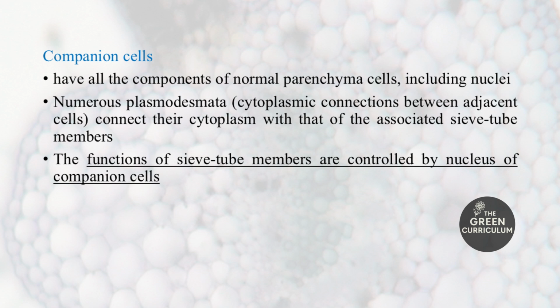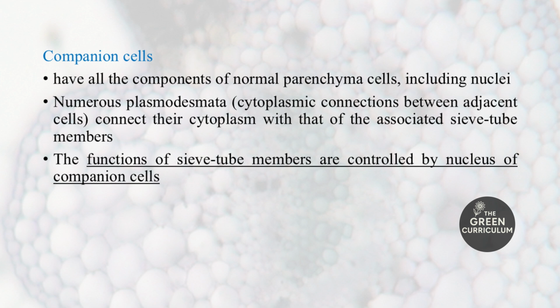This companion cell is a specialized parenchyma cell, so it has all the components of normal parenchyma cells, including the nucleus. So all the activities of the sieve tube member are controlled by the nucleus in the companion cells.